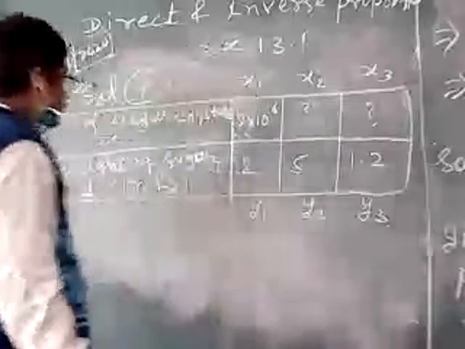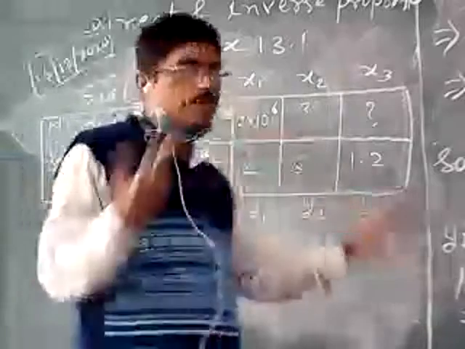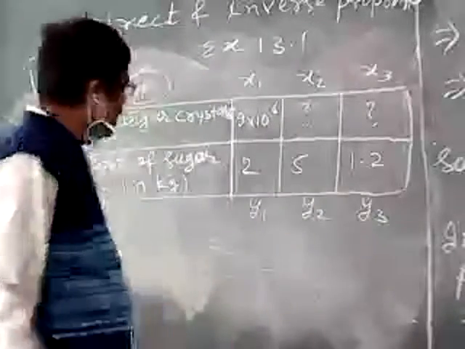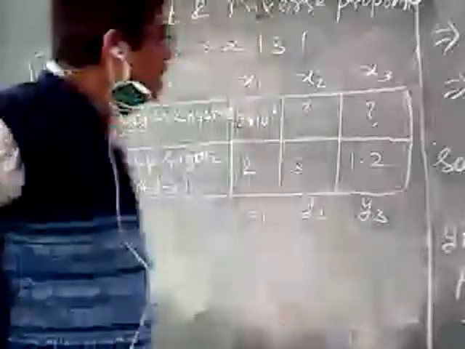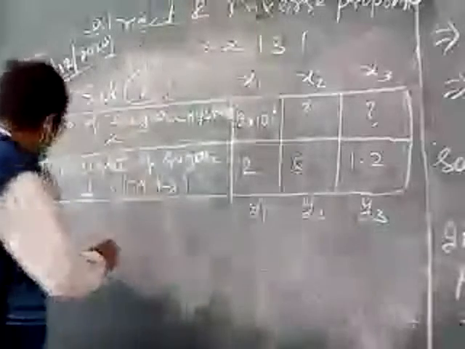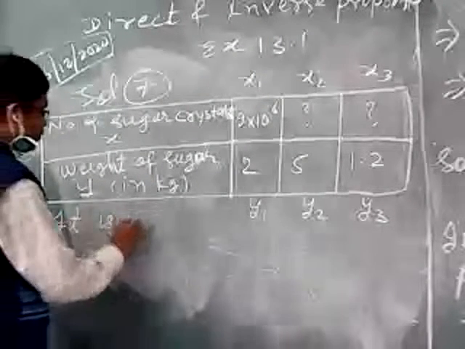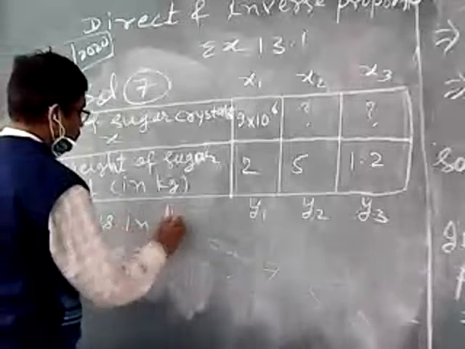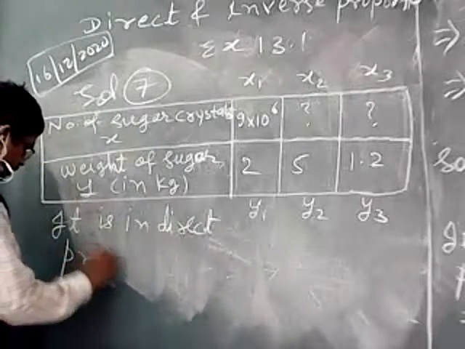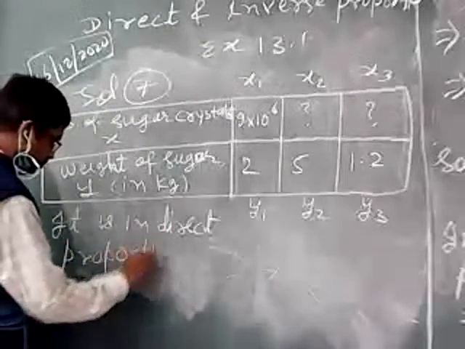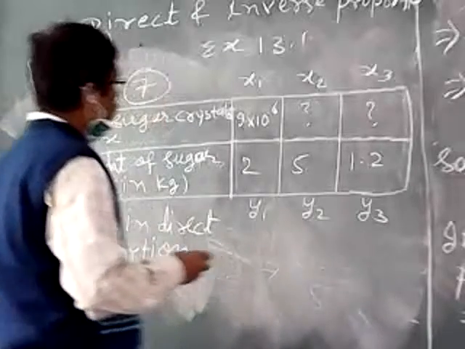So it is just like expense. If more crystals, more weight; less crystals, less weight. So it is in direct proportion. So how will this formula be used?